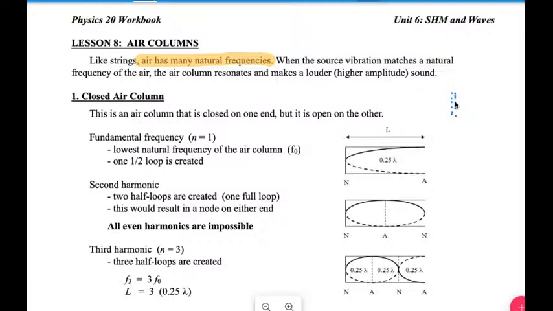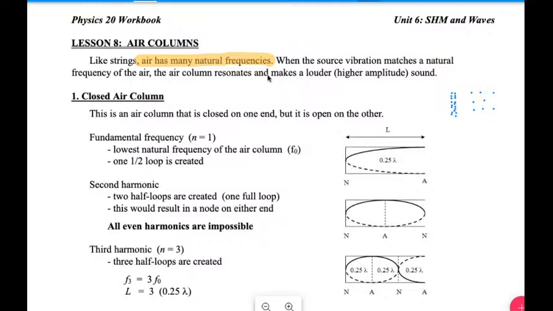So when we see these peaks and these troughs, that's going from regions where we have lots of air molecules, compression, high density, and then areas of rarefaction, low density. So we're going to model it with a transverse wave, but it's kind of nice to keep in mind that air actually travels as a longitudinal wave.